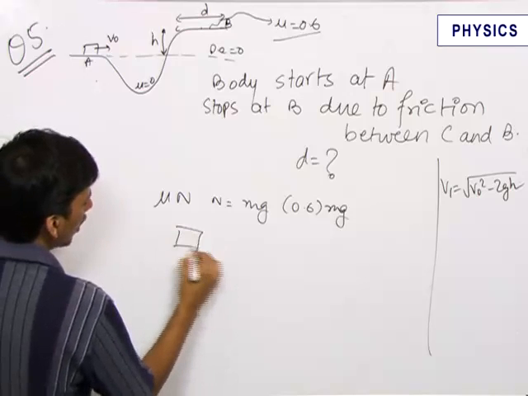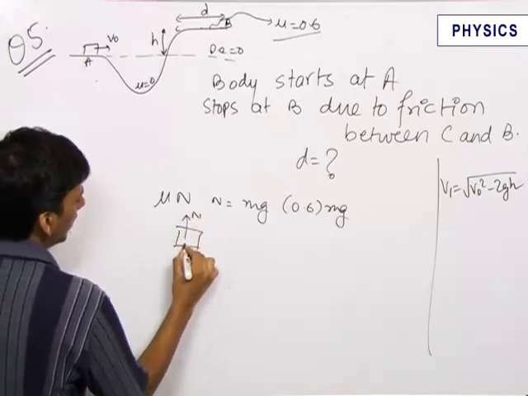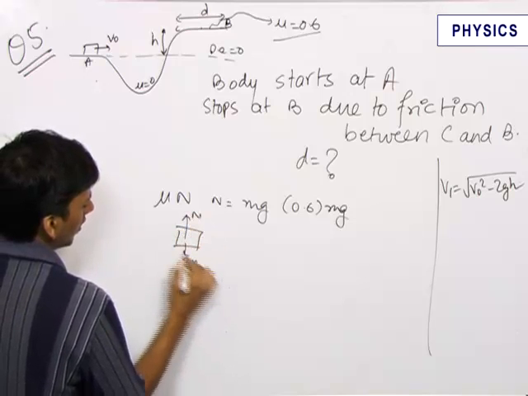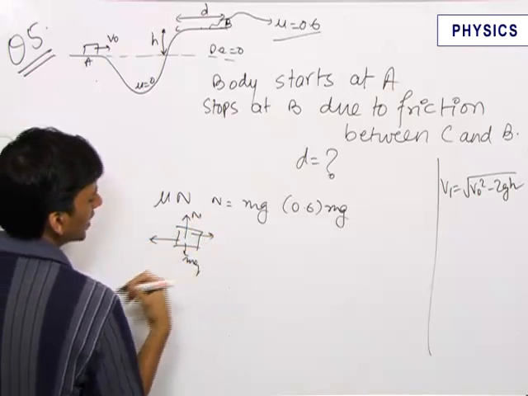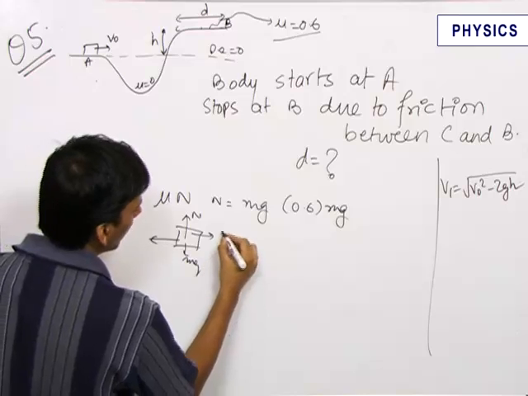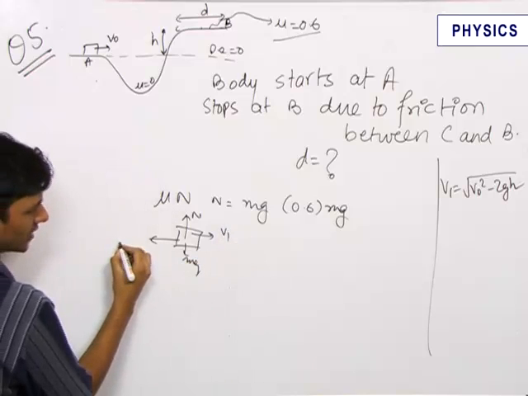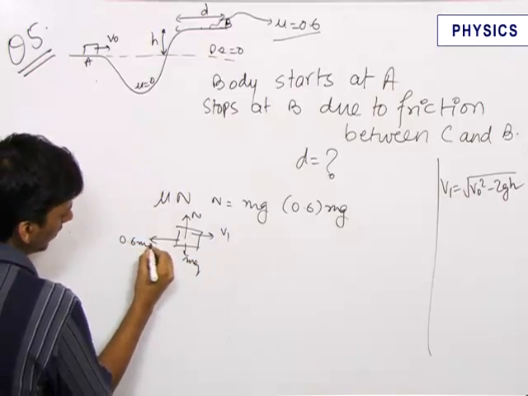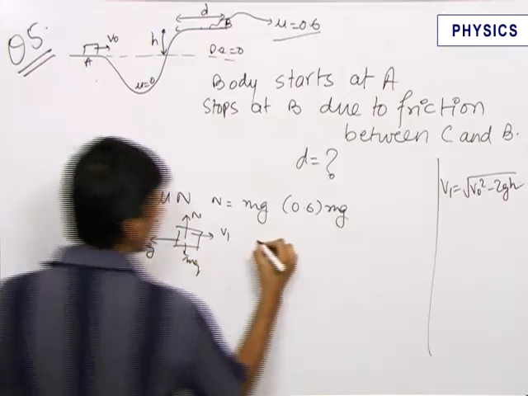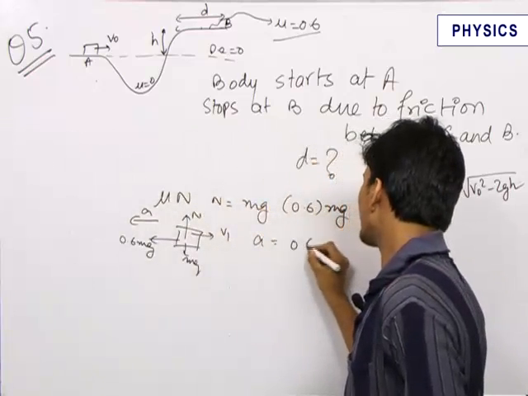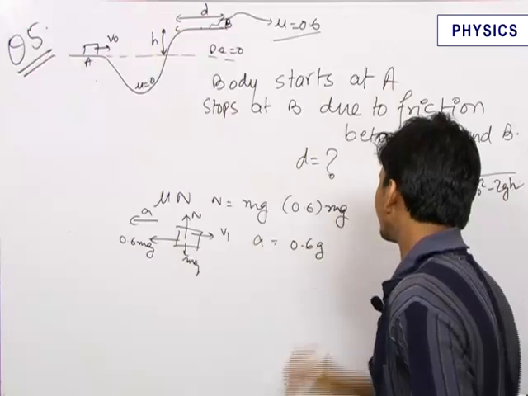The initial velocity of the object was v1. The friction force starts acting, that is equal to 0.6 mg. So the acceleration a of the object will be 0.6 g.